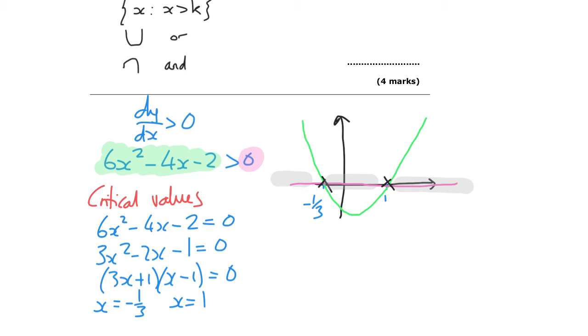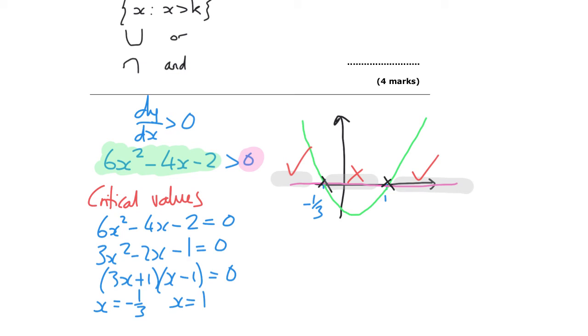I'm going to put a tick for this section. If I'm in the middle, then the pink is bigger than the green. So I don't want this section because I want my green to be bigger than pink. And if I look at the outside section, the green's up here, the pink's down here, so green is bigger again. So I'm going to put a tick there.